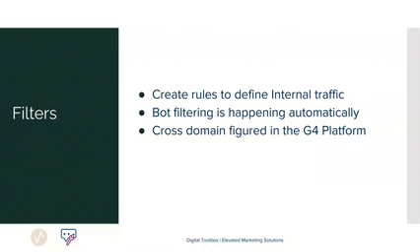It's also a lot easier to configure cross-domain directly inside the G4 platform, so you're not going to need the complicated coding that you would have had to have before in order for this to work. It's going to be a lot simpler. So it's going to be a lot easier for us to tell when somebody is leaving our site and going to a different site in order to complete the conversion or the desired action.